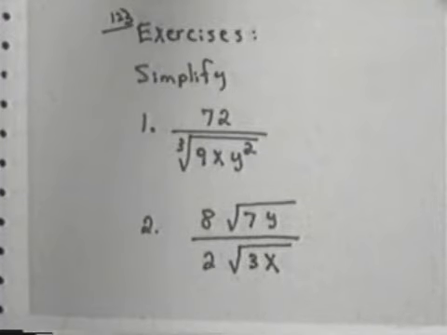The second one, 8 times the square root of 7y divided by 2 times the square root of 3x. Copy down the two problems, stop the tape, work the problems, and then restart the tape to compare answers.